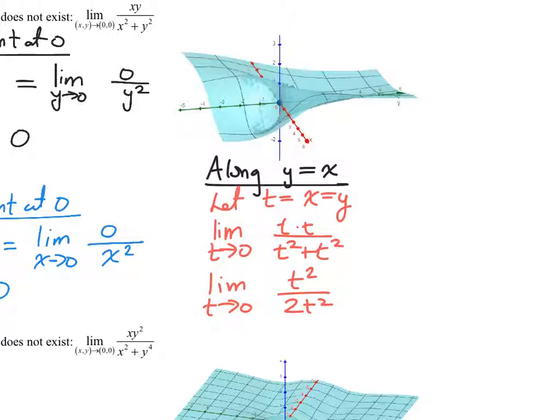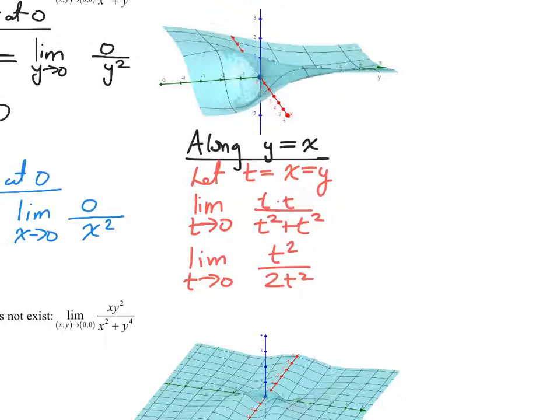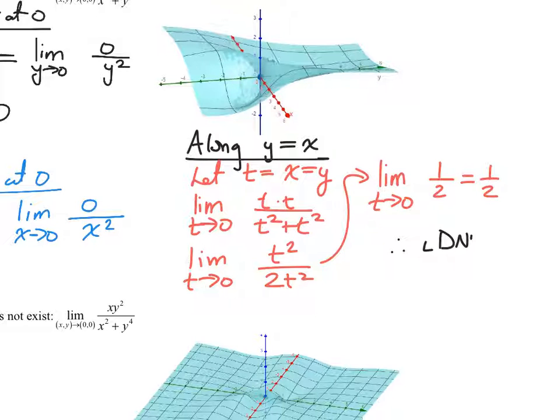It's all amounting to the same thing. But the great news is the t squares will cancel away. And the limit of a constant is equal to a constant. And that constant 1/2 is not the same as the other constants of 0. So therefore, the limit does not exist.